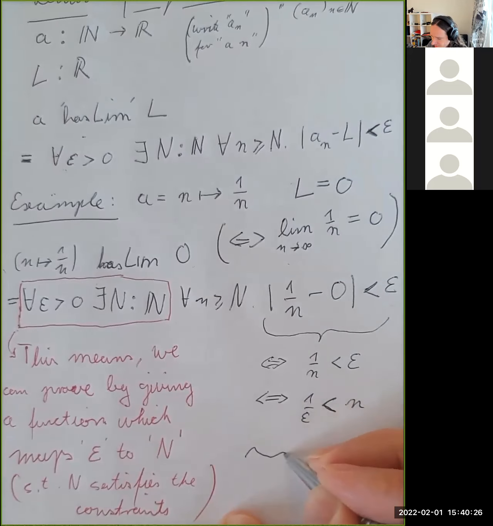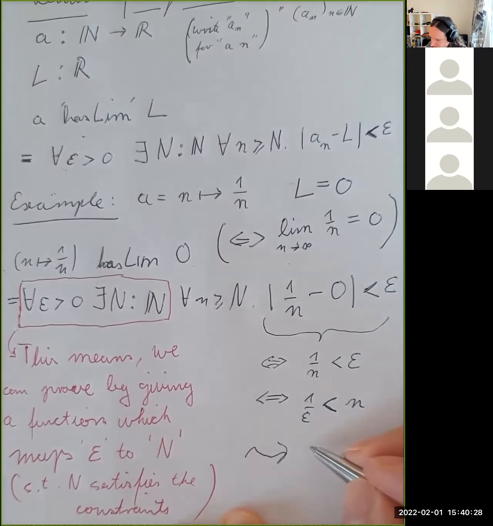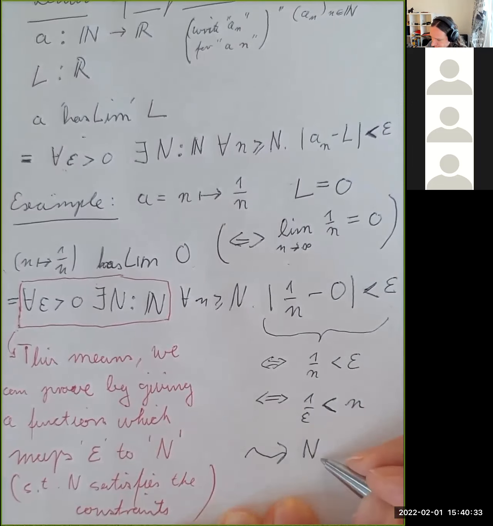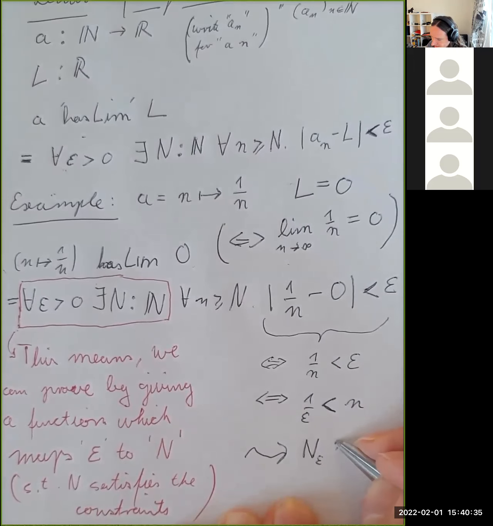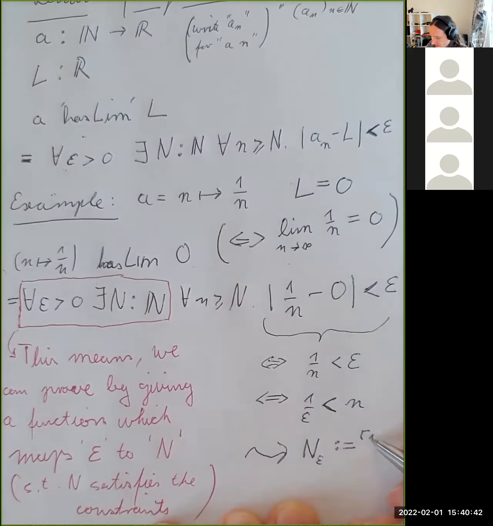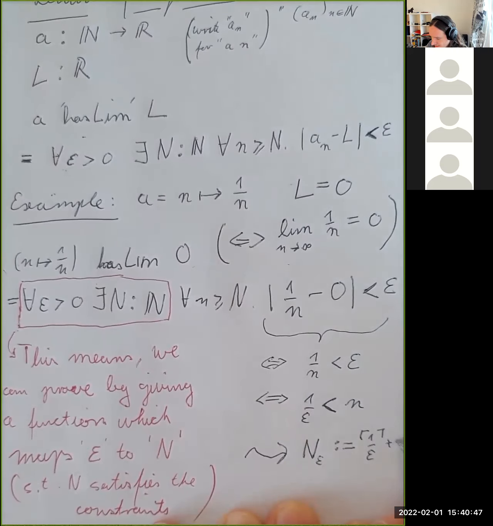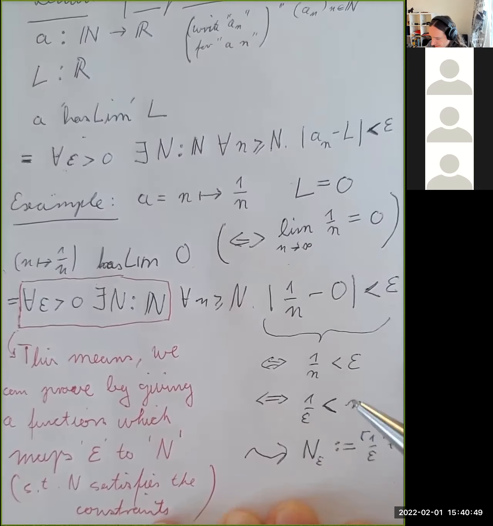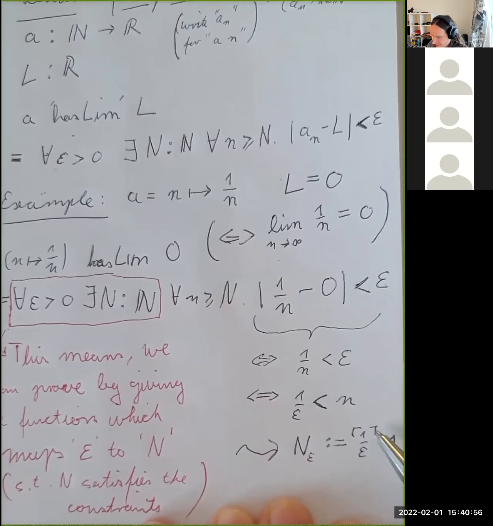So when we see this, we kind of know what we can do. We can say n, let me just call it n index epsilon, should be, let me write the ceiling function like this, and just add 1, because we have a strictly greater, and there could be a corner case where ceiling doesn't do anything.